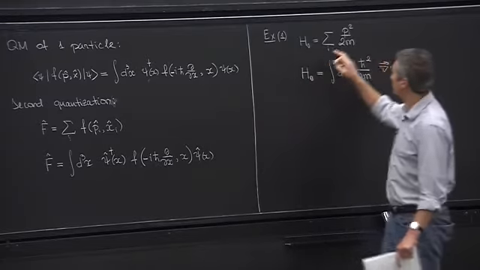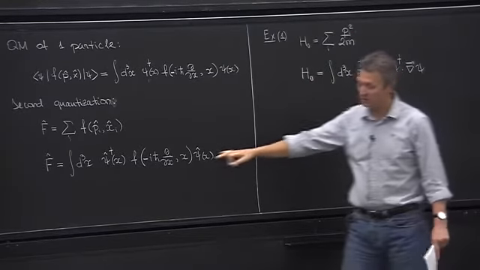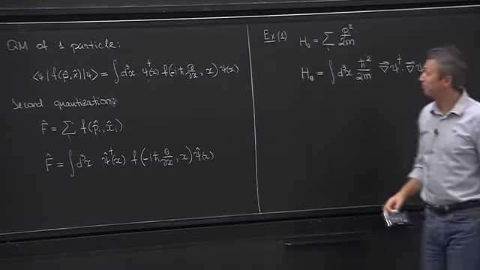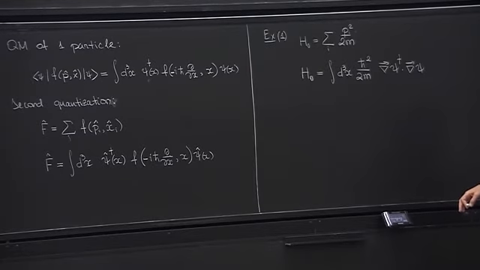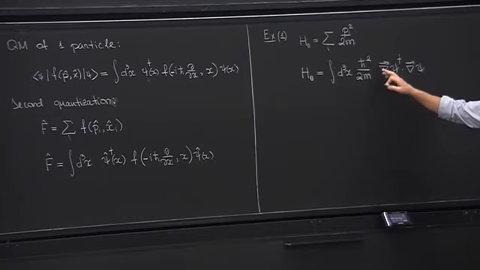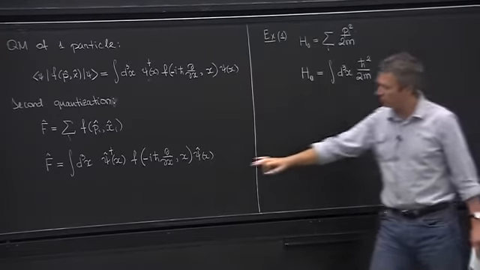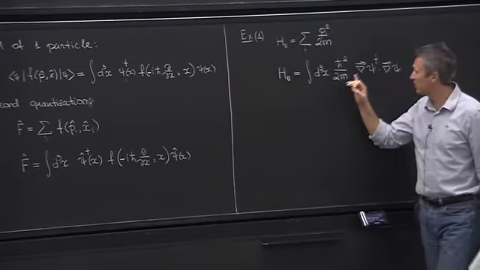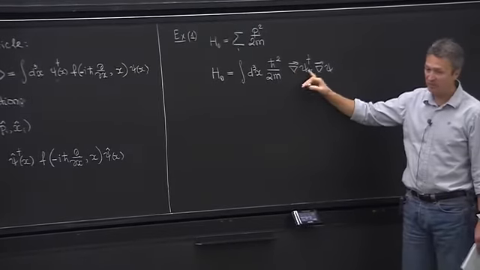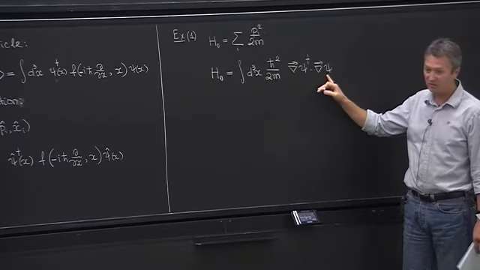We first replace p by the gradient, and then we integrate by parts. To go from this formula to this formula, we integrate by parts, and then one derivative acts on psi dagger and the other on psi.